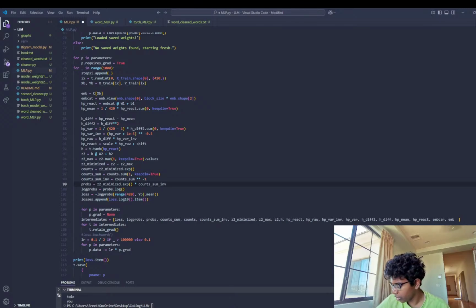So it would be minus one over probs of i, but we have multiple examples, so we need to find the average gradient. It wouldn't just be minus one over probs of i. It would be reasonably different.